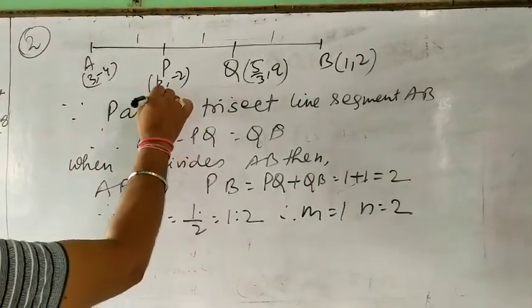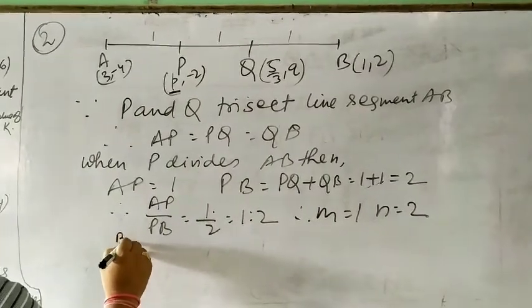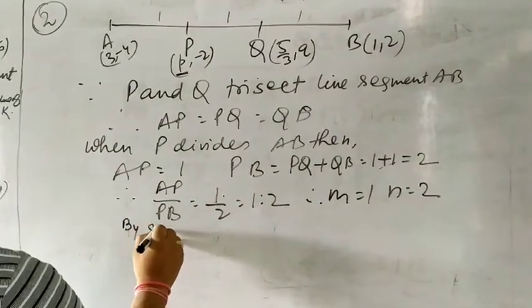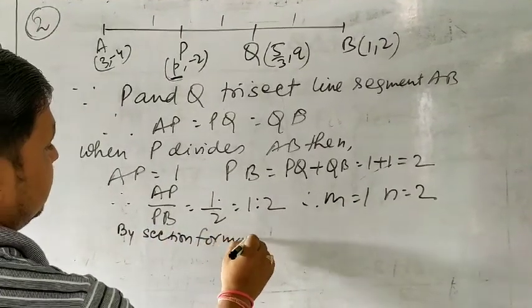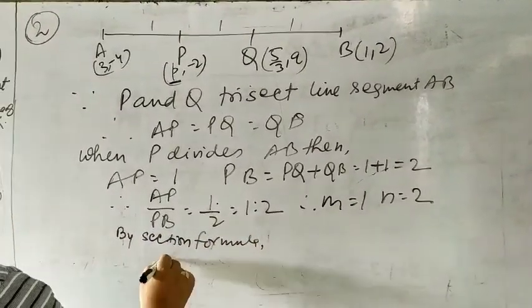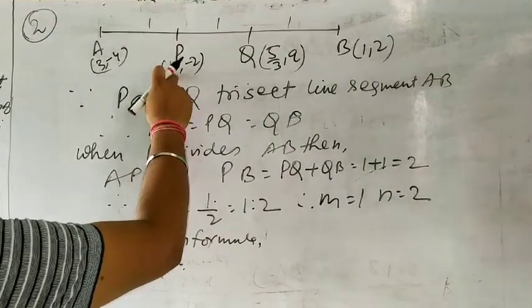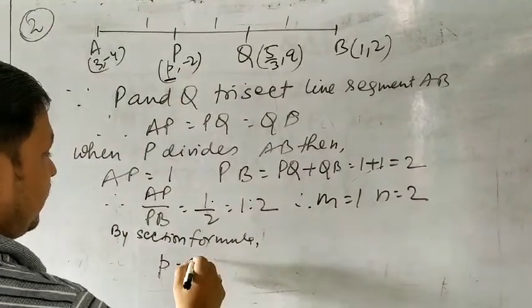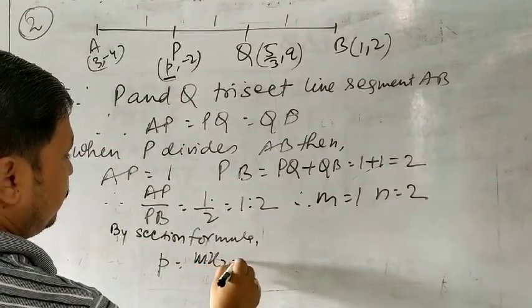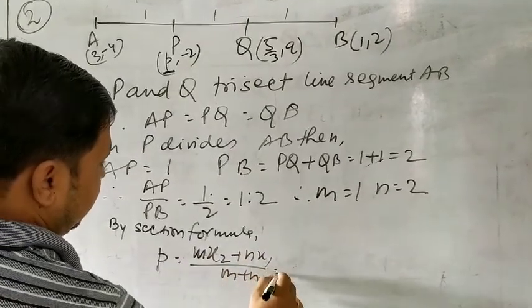So here we find P by section formula. P equals, in the place of x, here P is given, (m x2 plus n x1) by (m plus n).